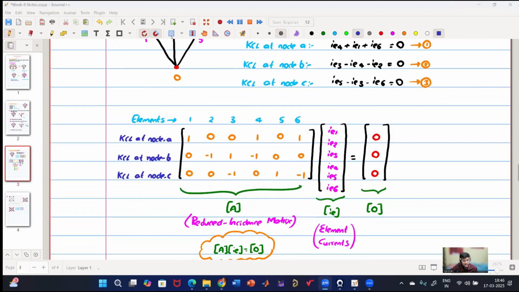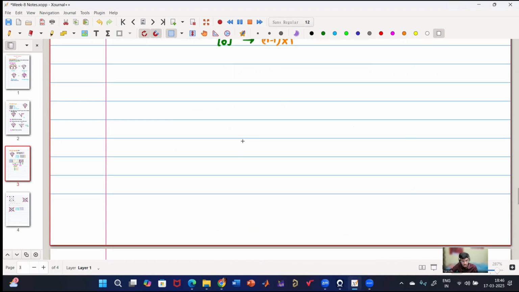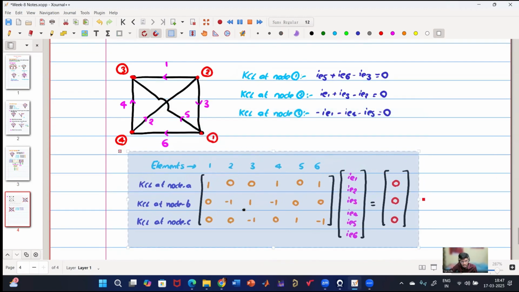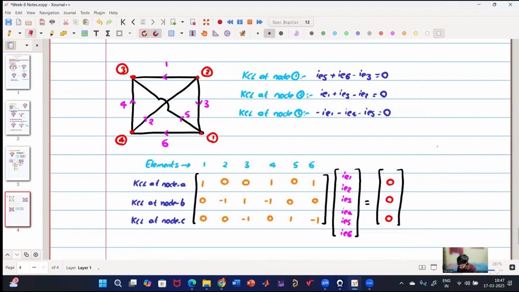So what I'll do is consider this one because it's the same thing. Now I'll ask you what will be the numbers, so that you can look at this and tell me. I'll erase this. You'll tell me from the first row, then the second row, and then the third row. So tell me what will be the first element. Node A, whether I1 is there or not. I1 is 0. I2 is also 0.